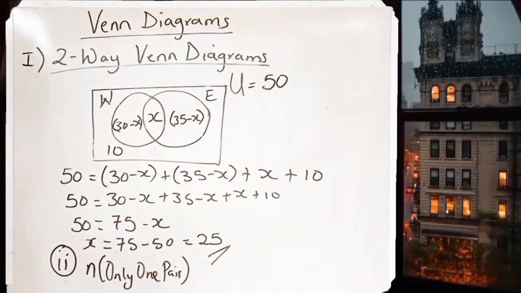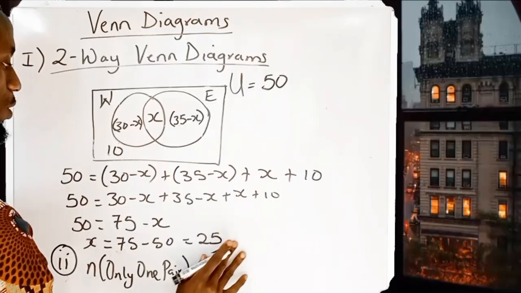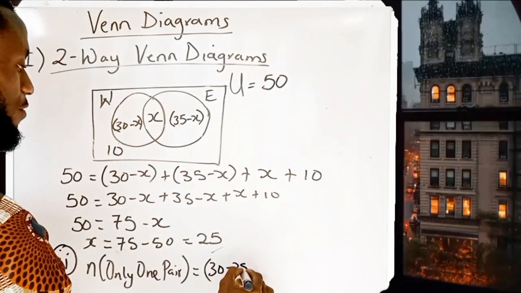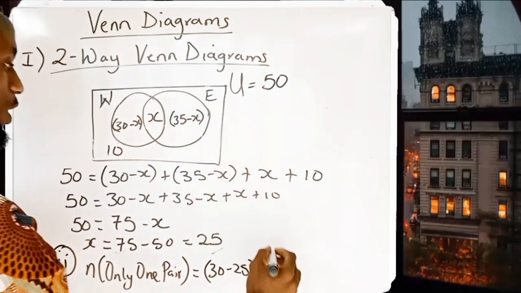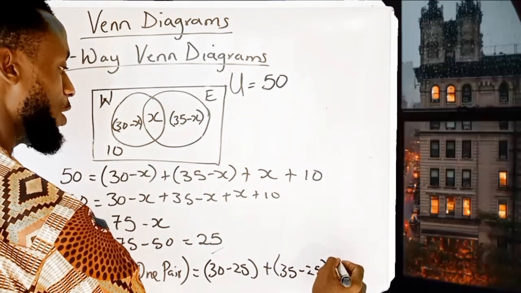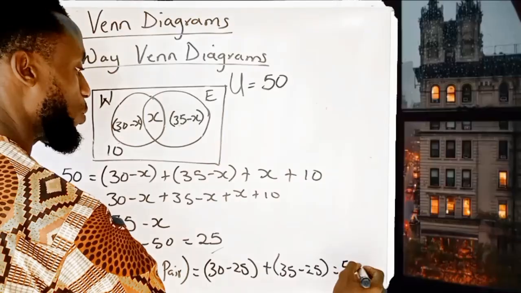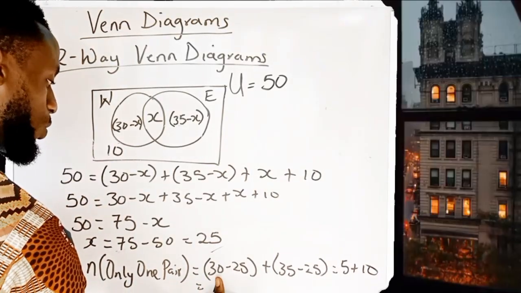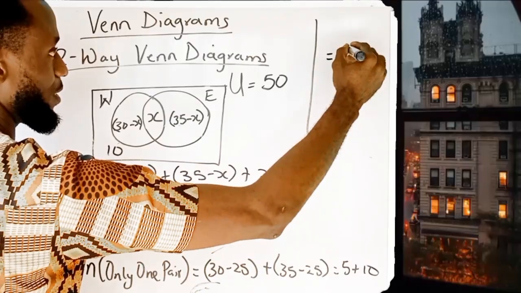That gives us W only, which is 30 minus 25, added to E only, which is 35 minus 25. This becomes 5 plus 10. So the people that have only one are in total 15. Okay?